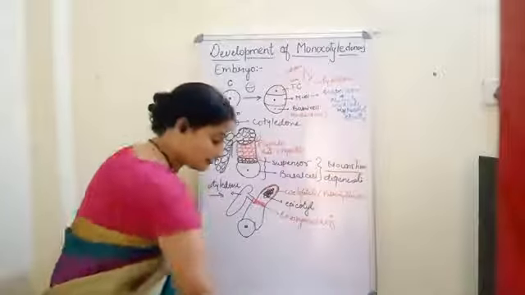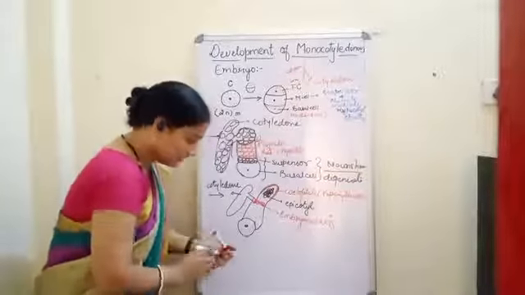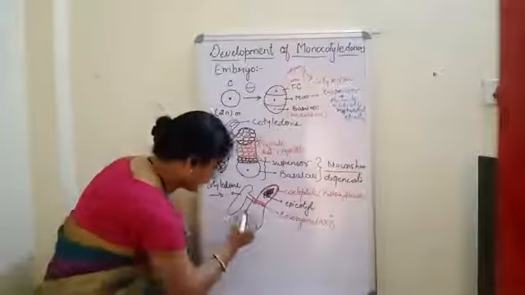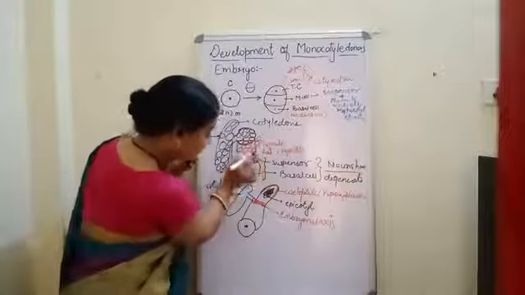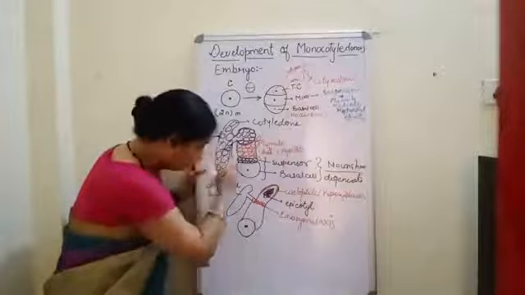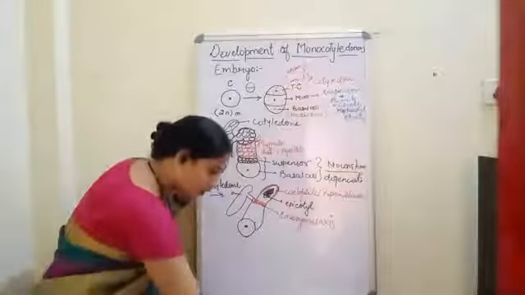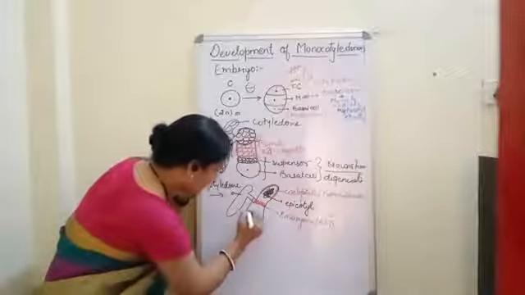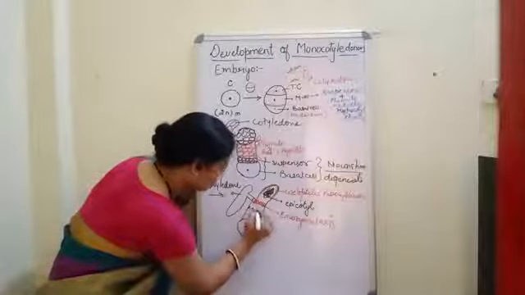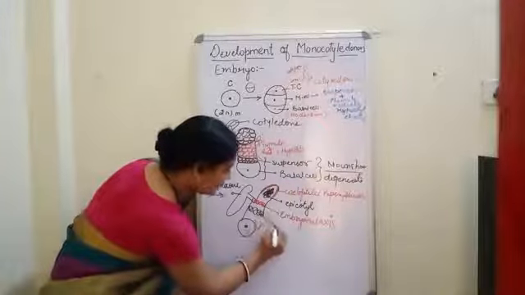Now, this is the embryonal axis. Then we come to this layer. Now, this portion is forming. Understood? Then we come to the next layer, and this is called your suspensor.